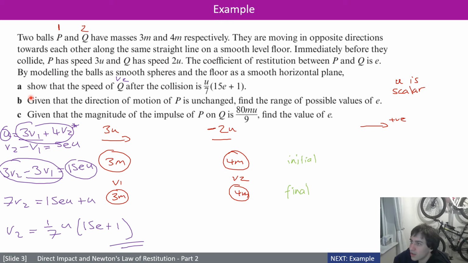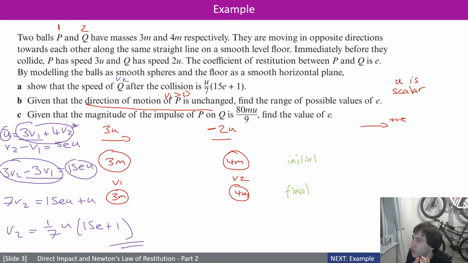It's saying, well, in the first instance, this object P on the left, it was moving to the right. It had a positive velocity, so u1 was positive. If the direction of motion is unchanged, then v1 is still greater than or equal to 0, right? Or is greater than 0. So this part here is saying v1 is greater than 0.